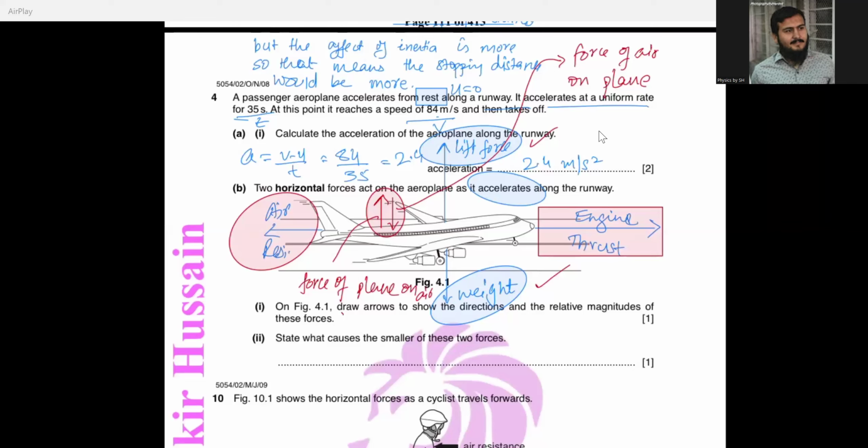Friction is two solid surfaces rubbing together. I heard that the acceleration increasing is the cause. Acceleration of the plane is the cause. You can say that. That's right, acceleration of the plane.